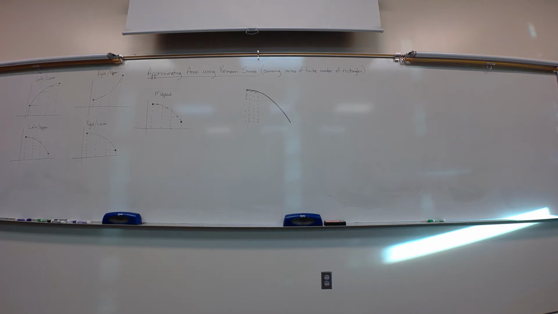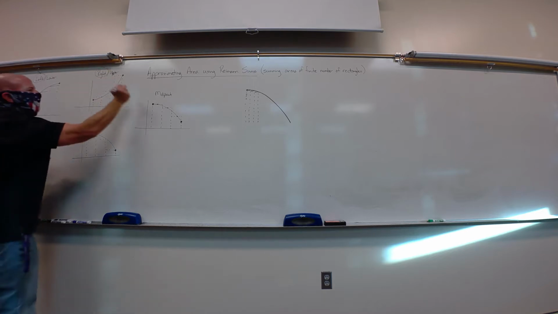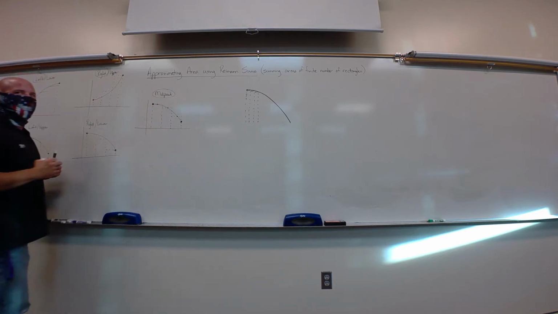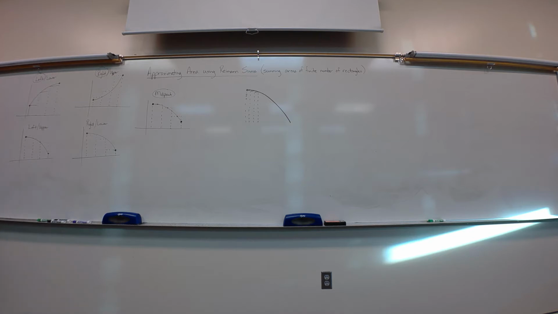All right, so generally what we say is we are looking for a left, right, or midpoint. Sometimes, and I drew the diagrams both ways, the left can produce a lower, and sometimes the left can produce an upper. It just depends on the way the curve's going. That's what's creating that. But when I'm thinking from the left, I'm drawing that top of the rectangle from each left side.